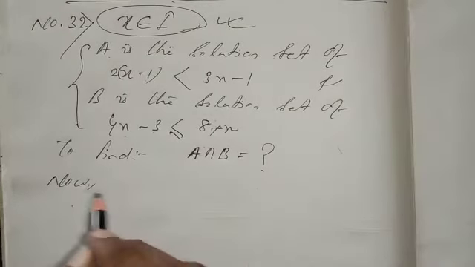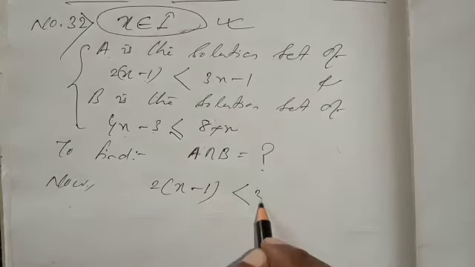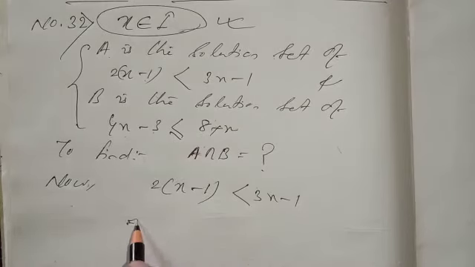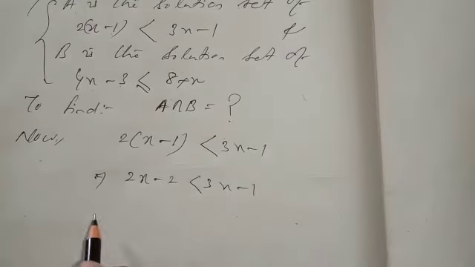Now first solve the first inequation, 2(x minus 1) less than 3x minus 1. Open the bracket: 2x minus 2 less than 3x minus 1. Bring minus 2 to the other side as plus 2, so minus 2 plus 1, and 3x minus 2x.